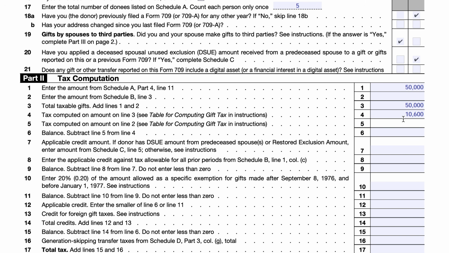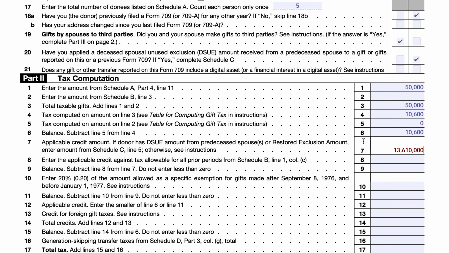We're not doing that in this case. Our tax on that is 0, so the total tax is $10,600.